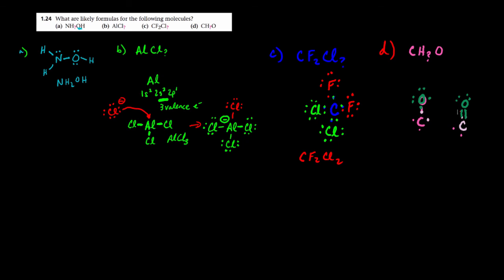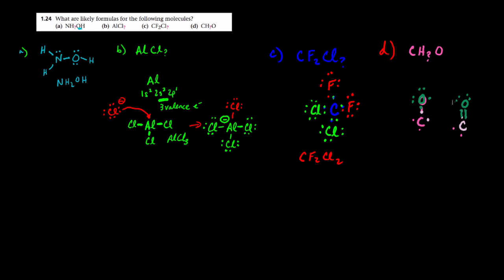So oxygen has one of its valence electrons in this bond, 1 valence electron in this bond, and then all of its lone pairs. So 1, 2, 3, 4, 5, 6 around oxygen.